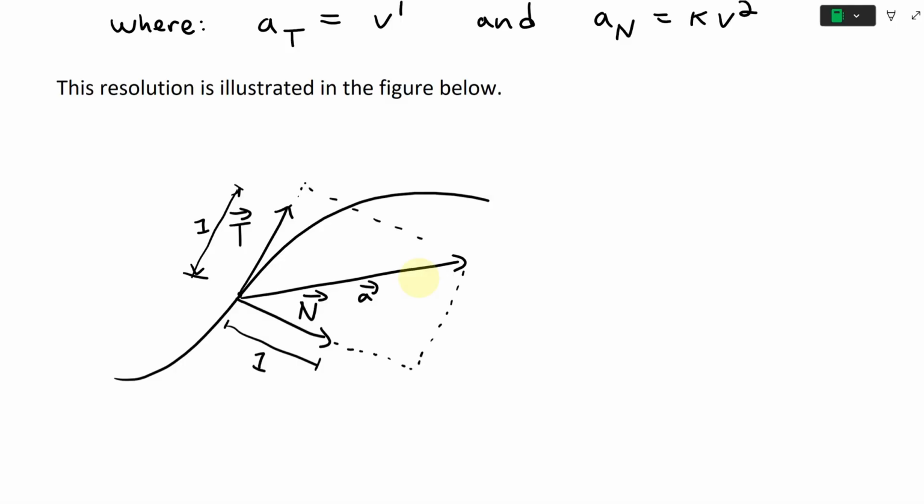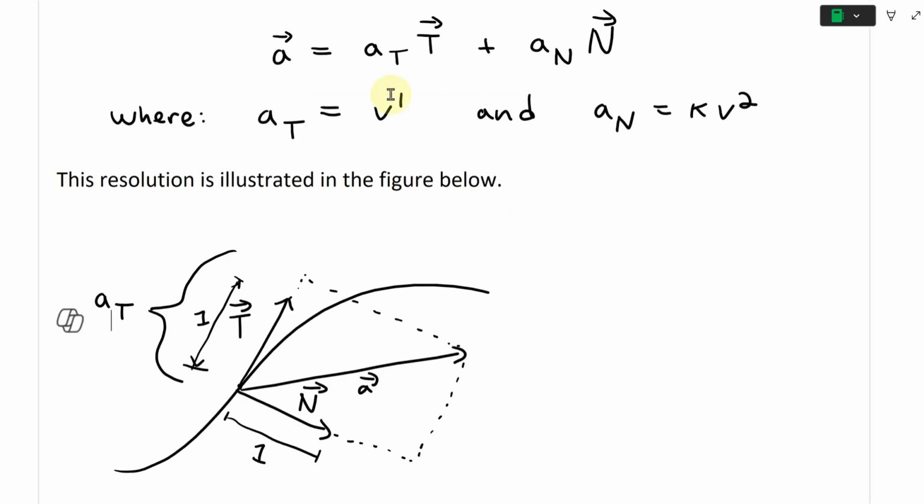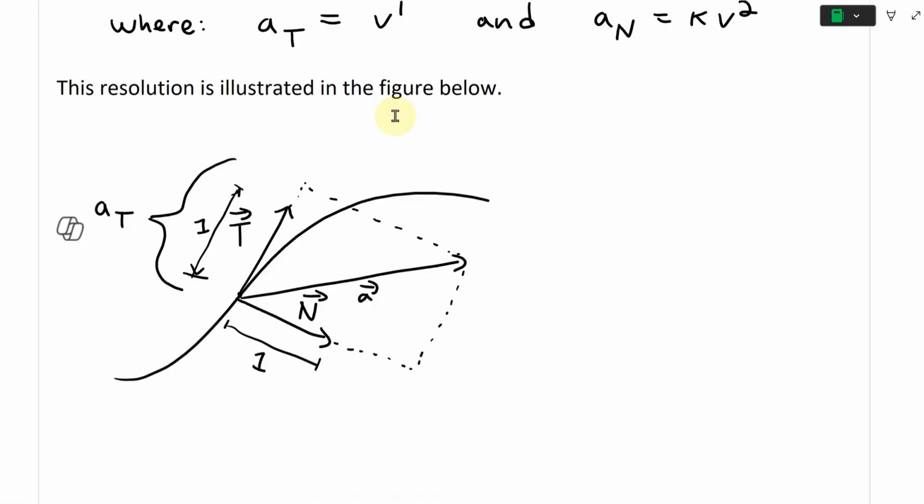So this full magnitude along the tangent is going to be equal to a_T. That's just the speed derivative. And the one on the normal side is equal to a_N.